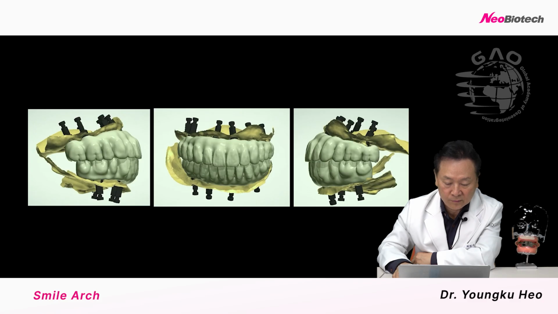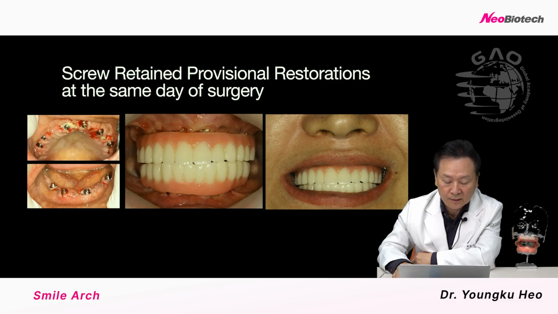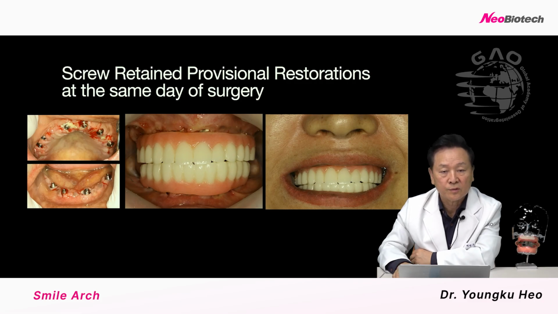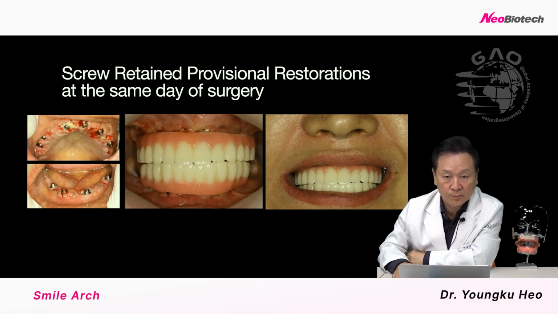So this is the final prosthetic design, which we can mill in PMMA as a retained provisional. Then we'll shape the soft tissue a little bit, and the same day or one day after, we can deliver the retained provisional restoration, which means we don't rely on this provisional restoration in the mouth.